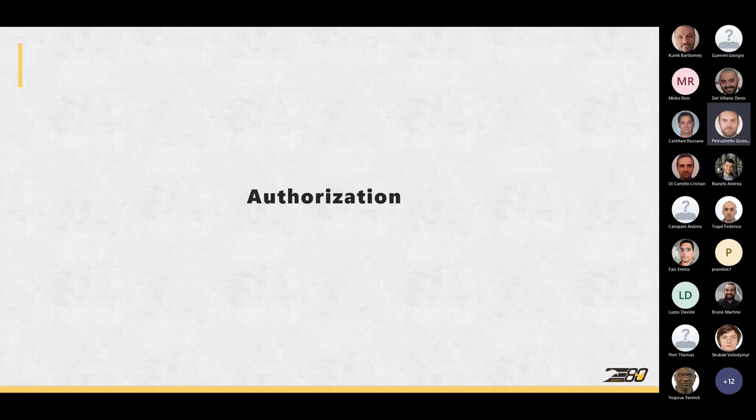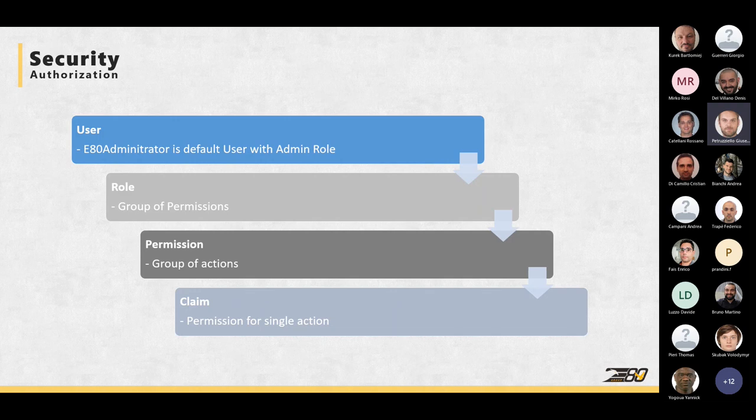Okay, so let's speak about authorization. We can consider four entities in our system. The user can be associated with one or more roles, and we have one default user, the administrator, with the role of administrator.